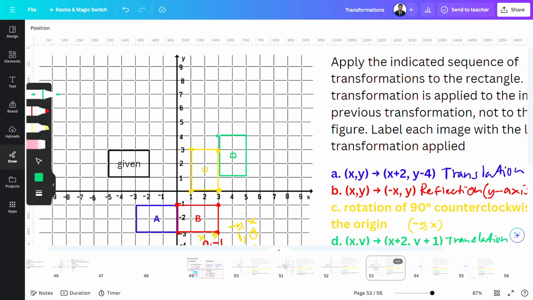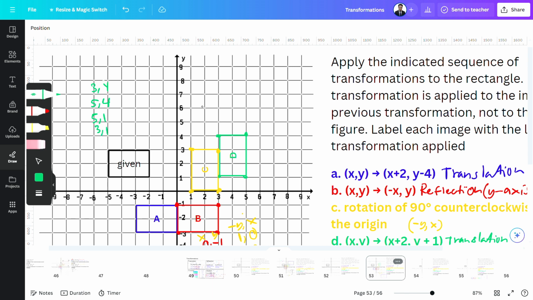What's the coordinate on this point? This is 3, comma 4. This point is 5, comma 4. This point is 5, comma 1. And this point here is 3, comma 1. I hope we're still clear.